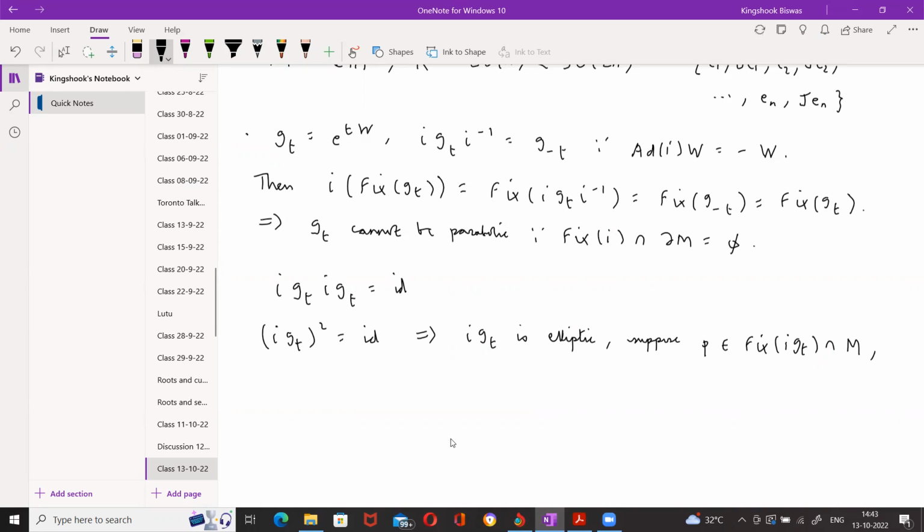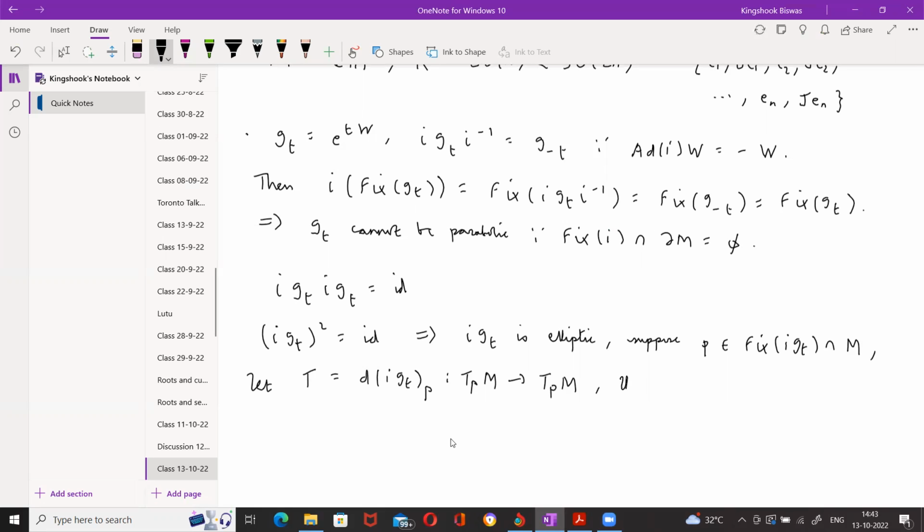Then look at T, which is the derivative of this IGT at the point P. So this goes from TPM to itself, right? Because P is a fixed point.